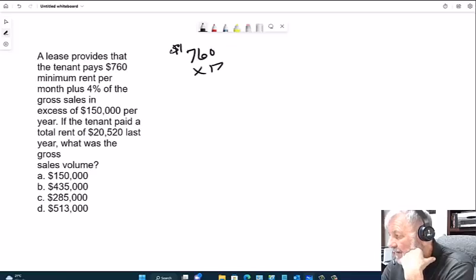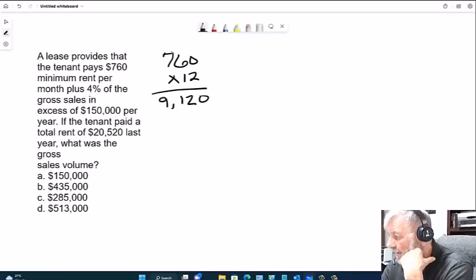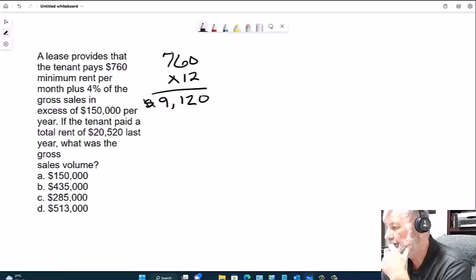So we take that times 12. 760 times 12 is $9,120 minimum per year. That's the minimum.